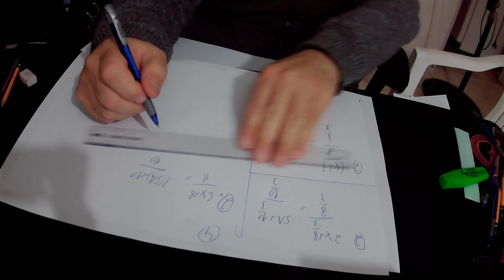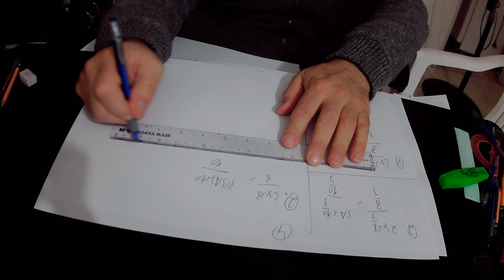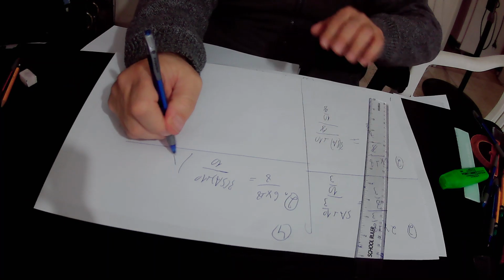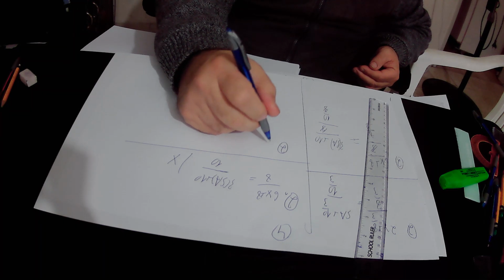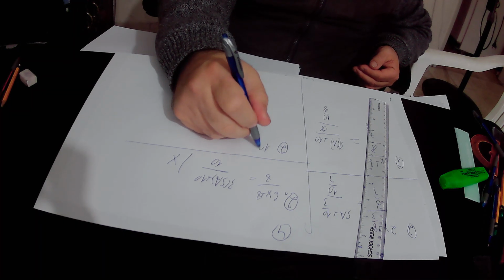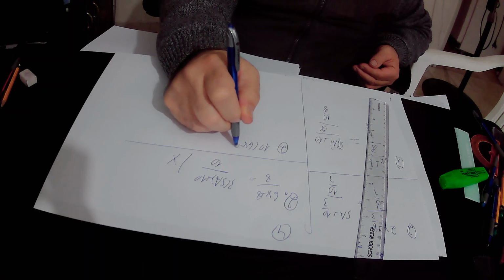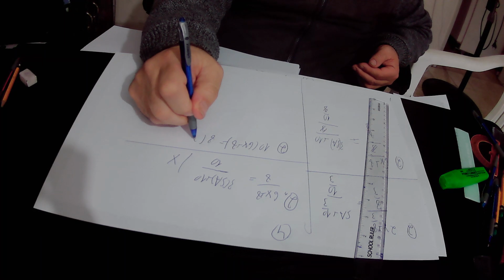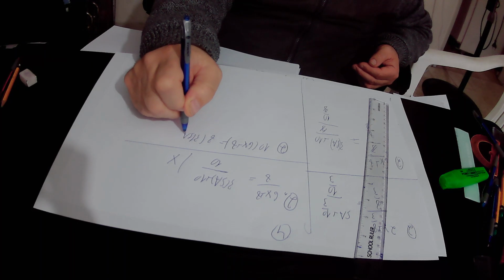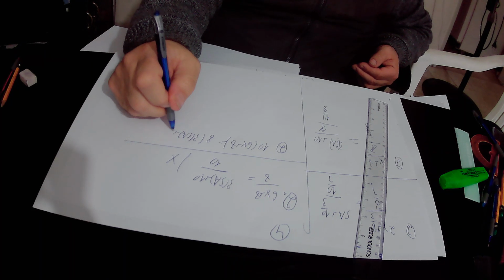Here we cross multiply equation 2, and we get that according to equation 2, 10 times (6x plus 8) equals 8 times (3SA plus 10).